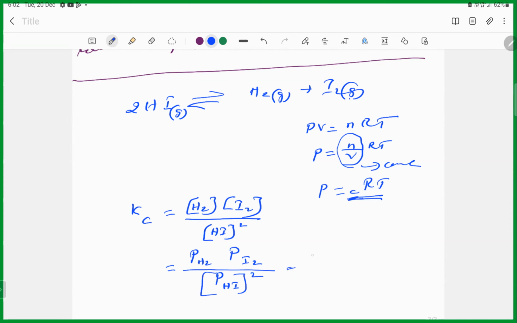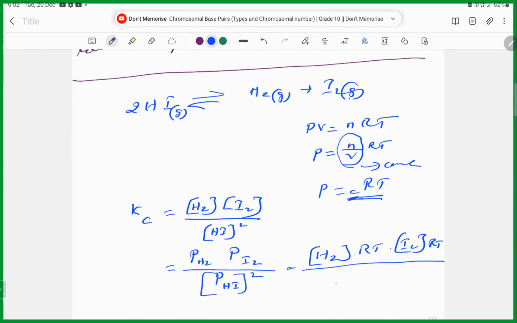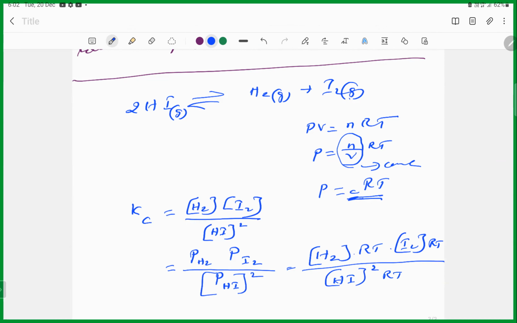The partial pressure of hydrogen gas is concentration into RT. That is the concentration, that's why we are mentioning it here. And then the iodine concentration into RT, divided by hydrogen iodide, the whole power 2, and RT power also 2. Correct?